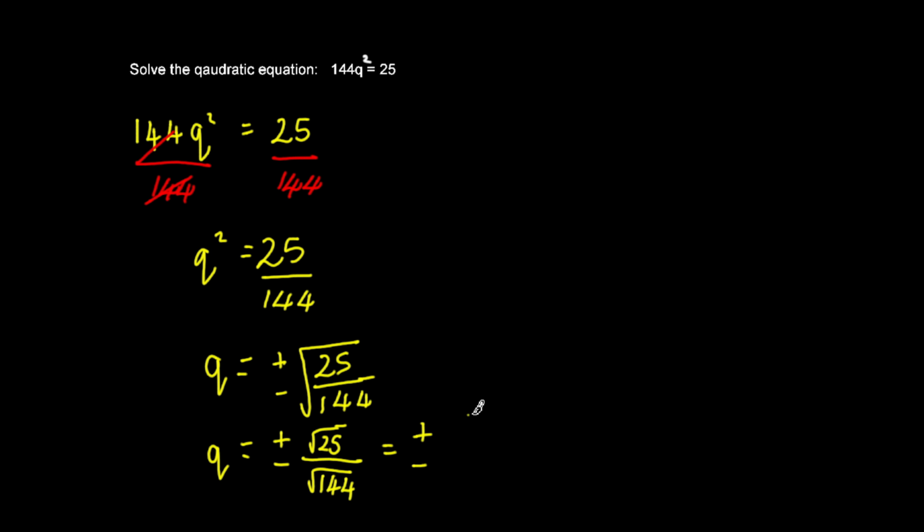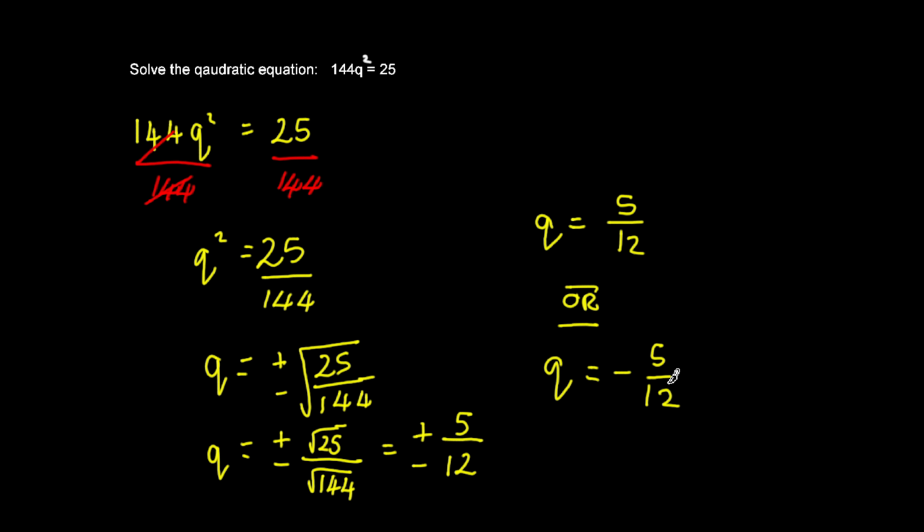So the square root of 25 is 5, and the square root of 144 is 12. Therefore, q can either be 5 over 12, or q can be negative 5 over 12.